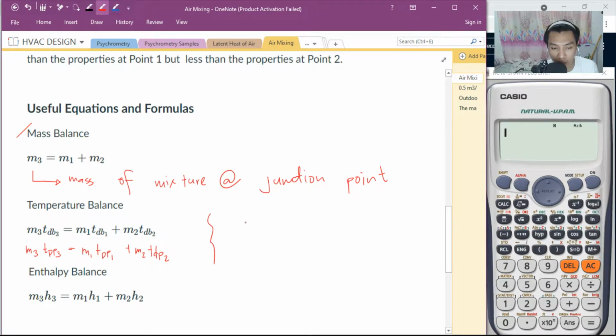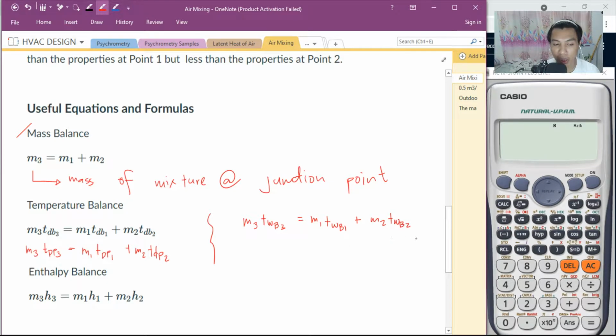O ganun din. M3, temperature ni wet bulb 3, equal to M1, temperature ni wet bulb 1, plus M2, temperature ni wet bulb 2.